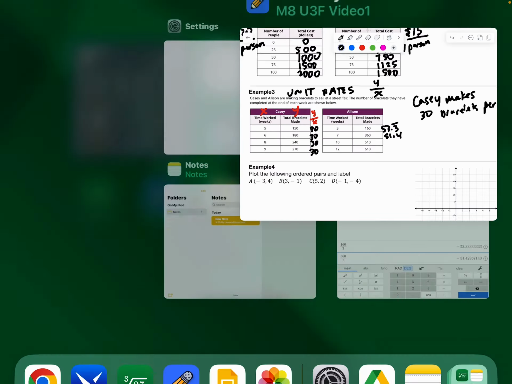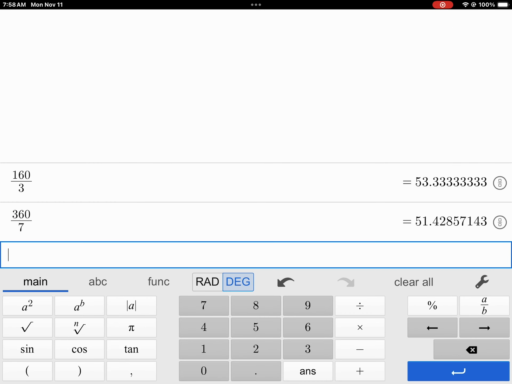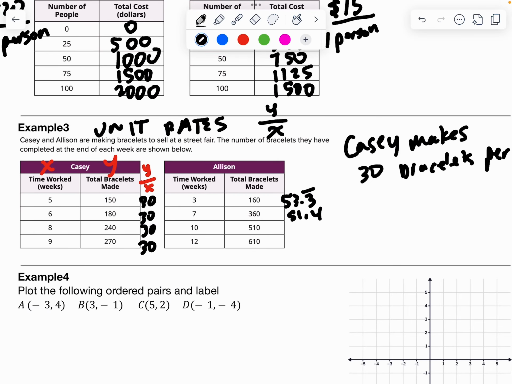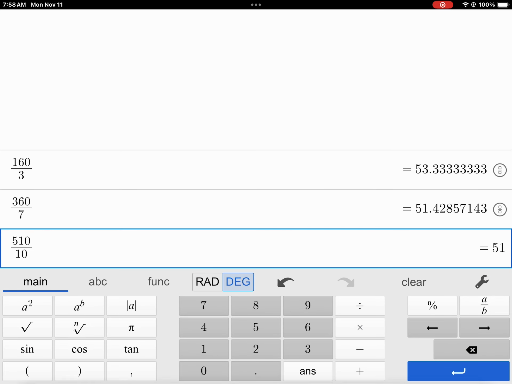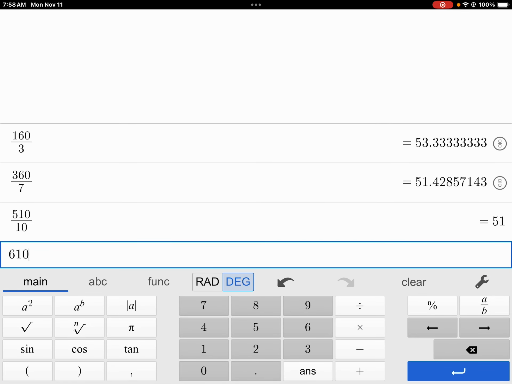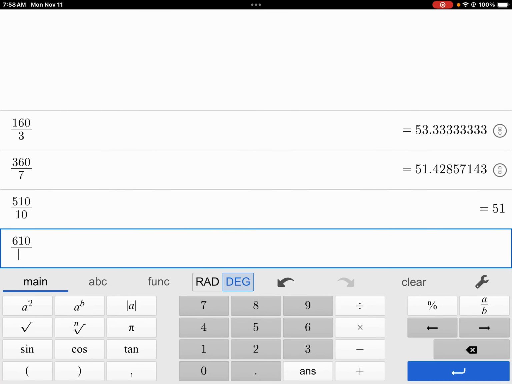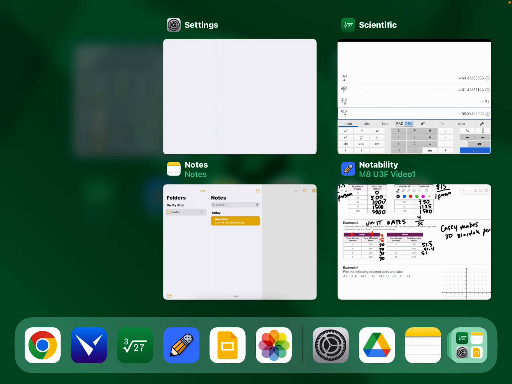Okay, and then 510 divided by 10 is 51 bracelets an hour. Okay, and then 610, oops, I forget already, divided by 12, she made 50.8.